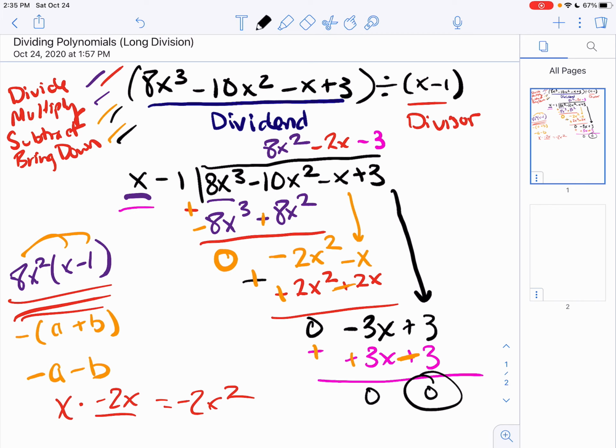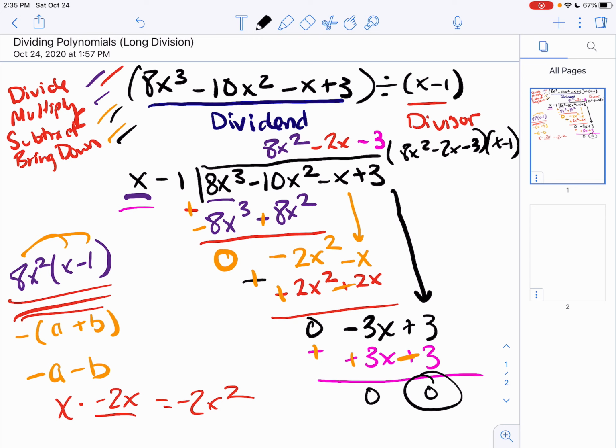Because I got 0, I know that 8x squared minus 2x minus 3 times x minus 1 will give me the original problem, 8x to the third minus 10x squared minus x plus 3. You can check this by using the tabular method, if you would like.